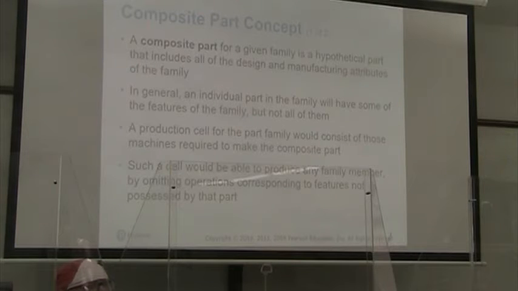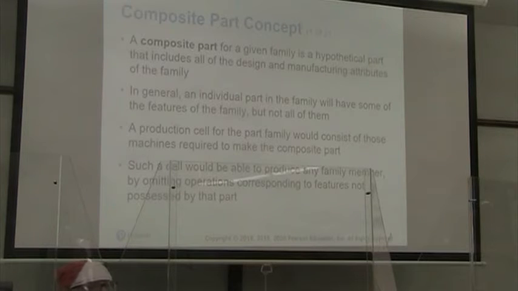So a composite part for a given part family is a hypothetical part that includes all of the design and manufacturing attributes of the family. Usually, an individual part has some of the features of the family, but not all of them.